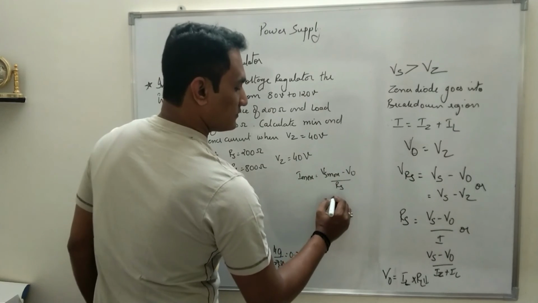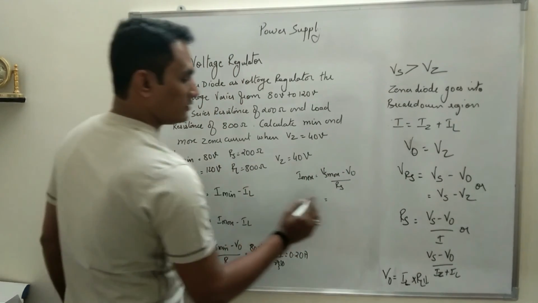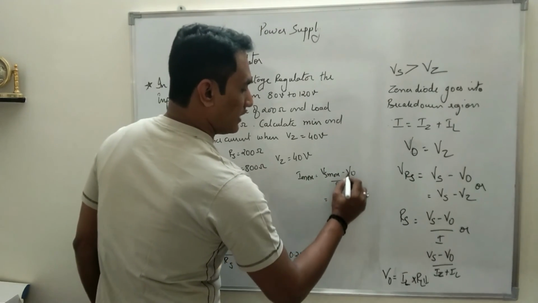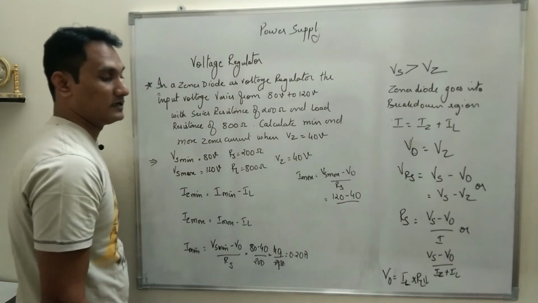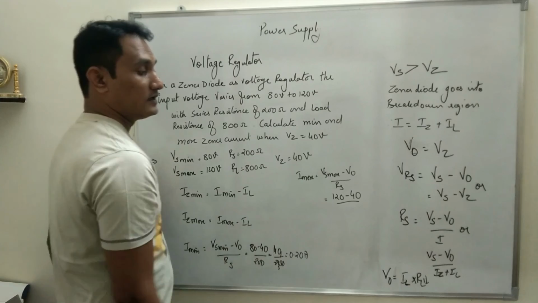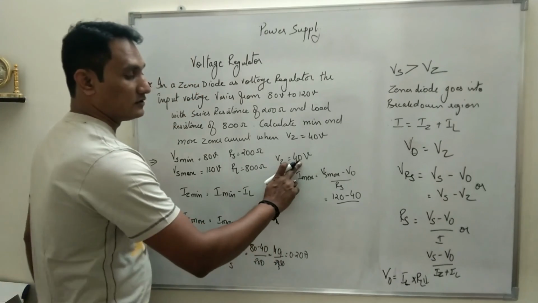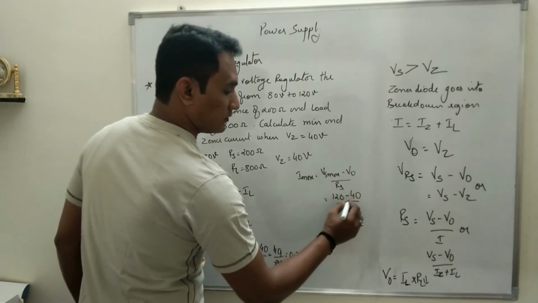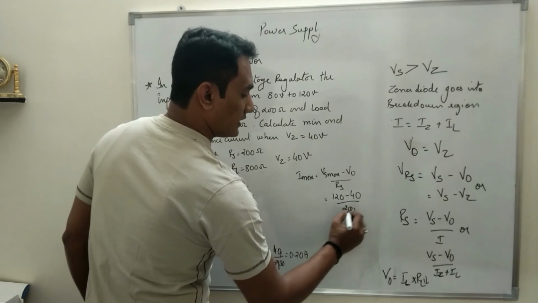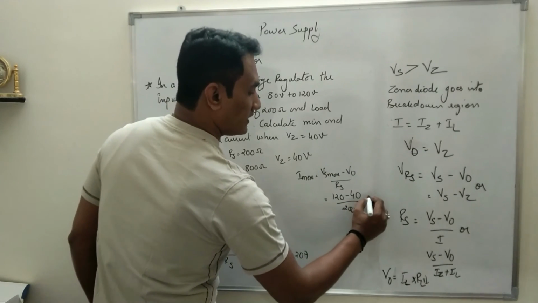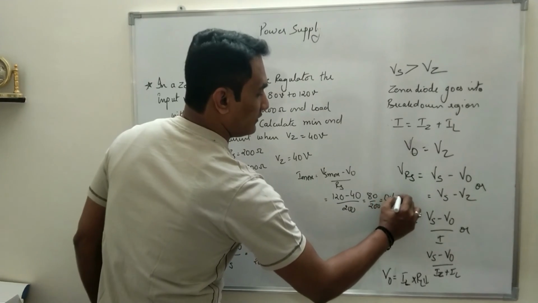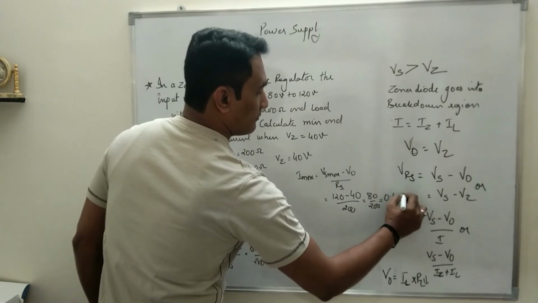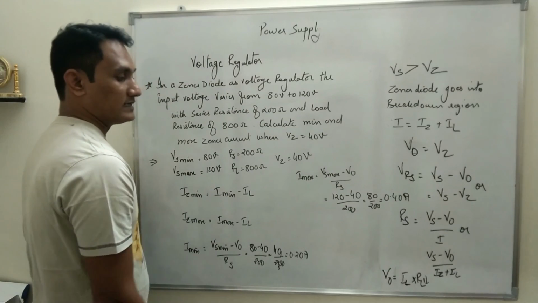Vs max is 120, minus V0, which of course will be 40, as the Zener diode is connected in reverse bias mode and is in breakdown region. V0 will be equal to Vz, so it will be 40 upon 200. So this value will be 80 by 200, which is 0.40 amperes.